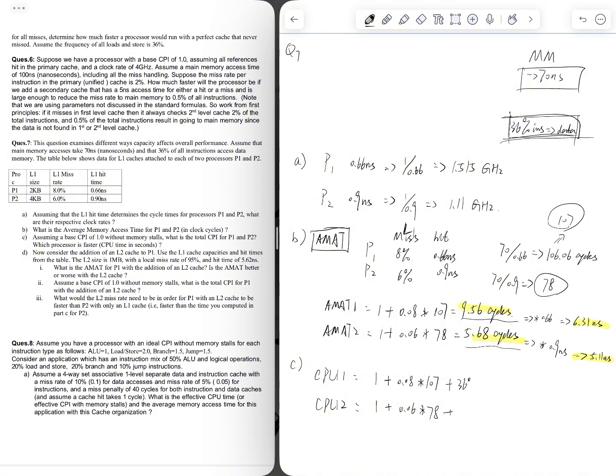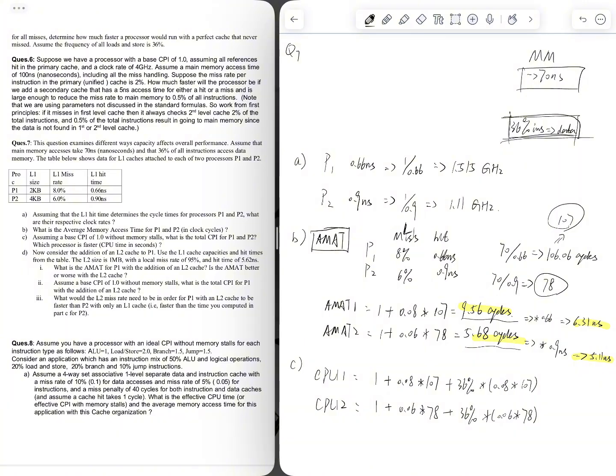The 36% of the instructions will need to fetch the data. So we will also have 8% of the miss with the penalty, and 6% for processor 2.